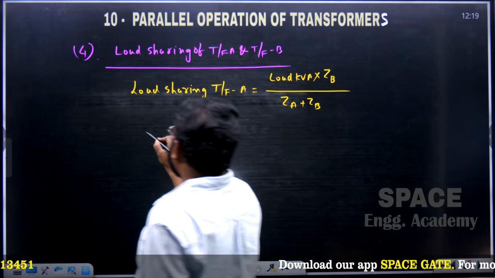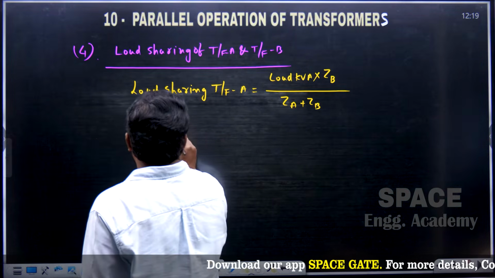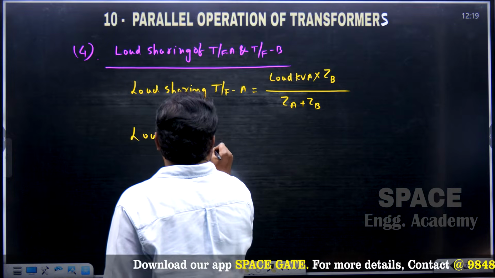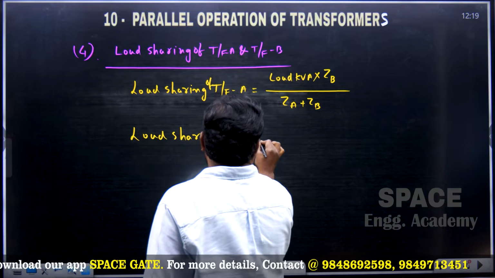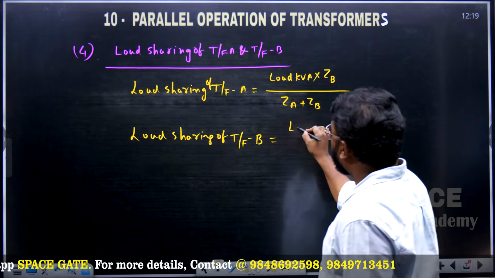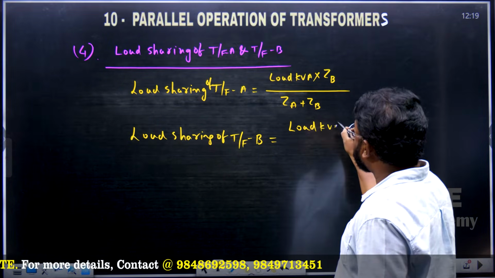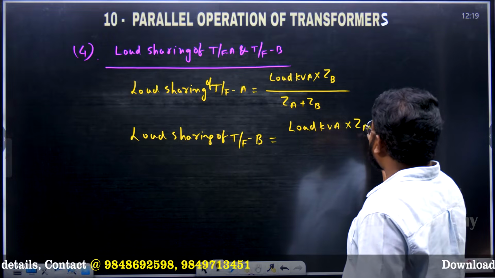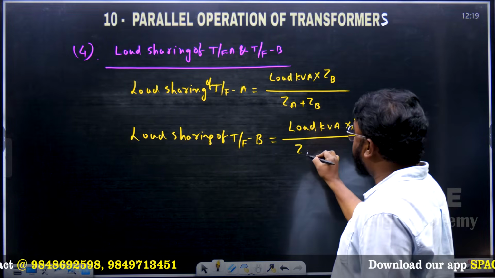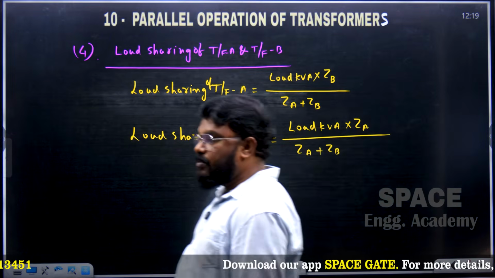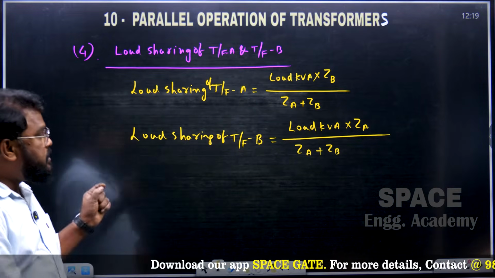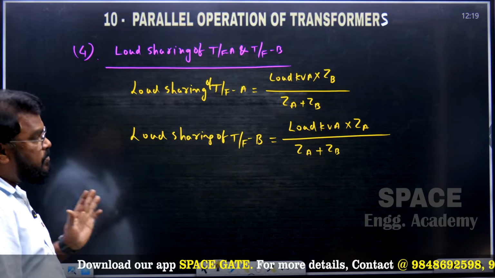And next, load sharing of transformer B is equal to load KVA into ZA by ZA plus ZB. ఈ ఫార్ములాస్ లోడ్ షేర్డ్ బై ట్రాన్స్ఫార్మర్ ఏ అండ్ ట్రాన్స్ఫార్మర్ బి.